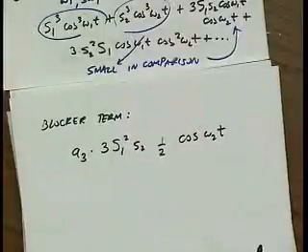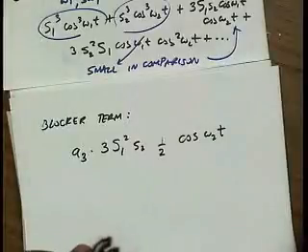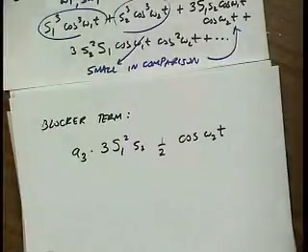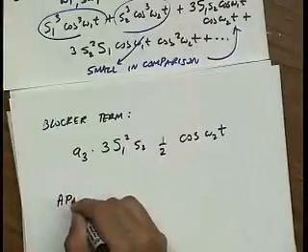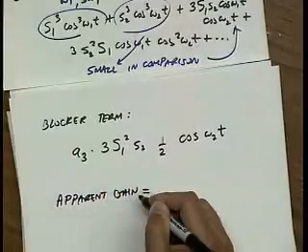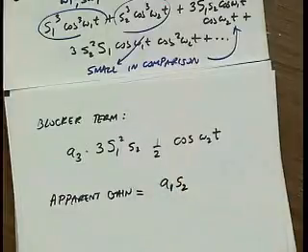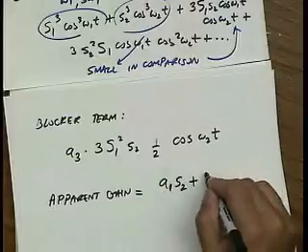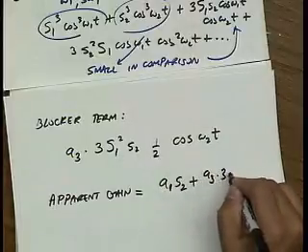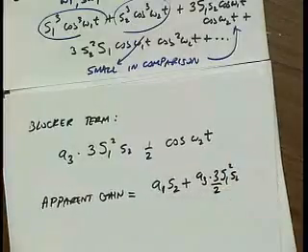So now I can write my apparent gain, my output, is equal to, let's say, A1 times S2, right? That's the linear term, plus this nonlinear term, which is A3, 3 S1 squared S2, times 1/2.